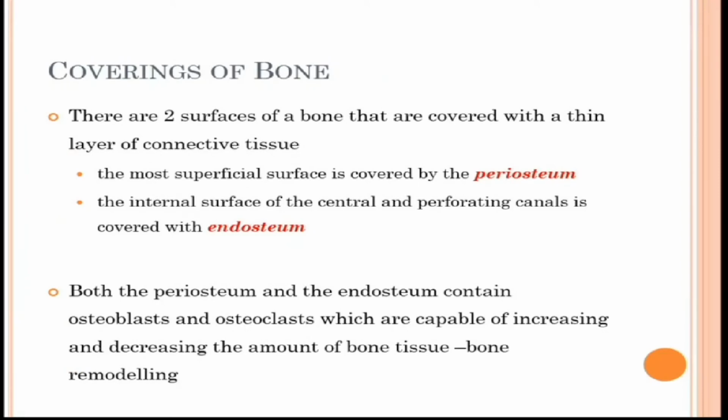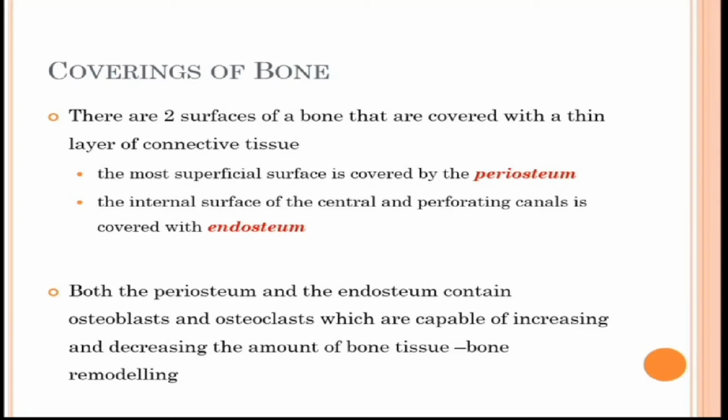The coverings of the bone, like the cartilage. You remember the cartilage was covered with a membrane called chondro... what was that? Perichondrium. And here in the case of the bone, we call it periosteum. Right. So peri means circumference, and osteum means bony structure, so bone.